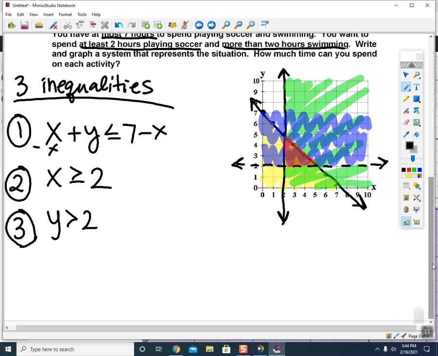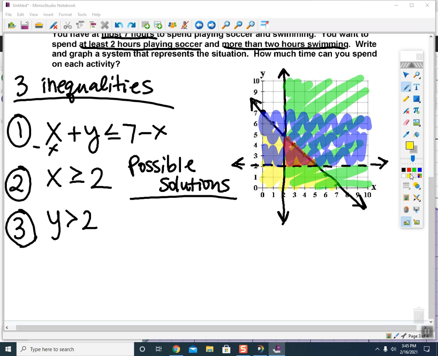Well, I have some possible solutions here. One of my possible solutions could be at the point 2, 3. Let's go do a different color so we can see this again. 2, 3 could be one of my solutions.